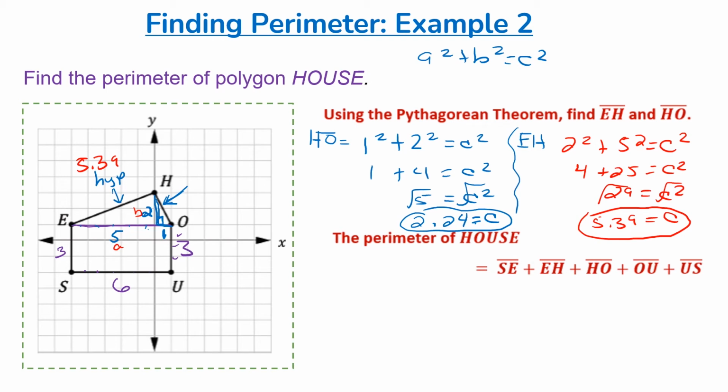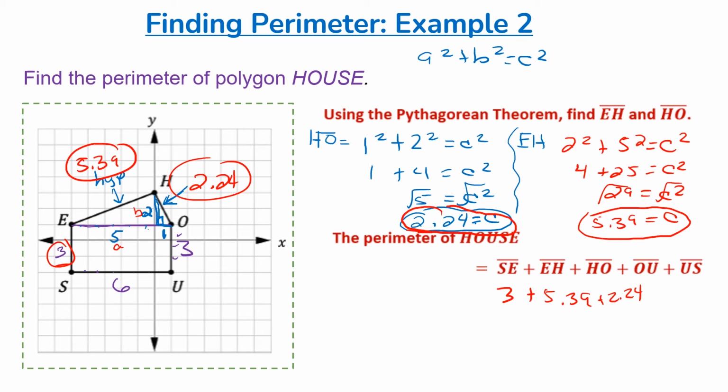And the length of this side here, which is what I found for HO, 2.24. So I'm just going to add all of my sides together. So perimeter of the house, so SE is 3 plus EH, just going around here, 5.39 plus HO, 2.24, plus OU, that is 3, and plus US, that is 6.